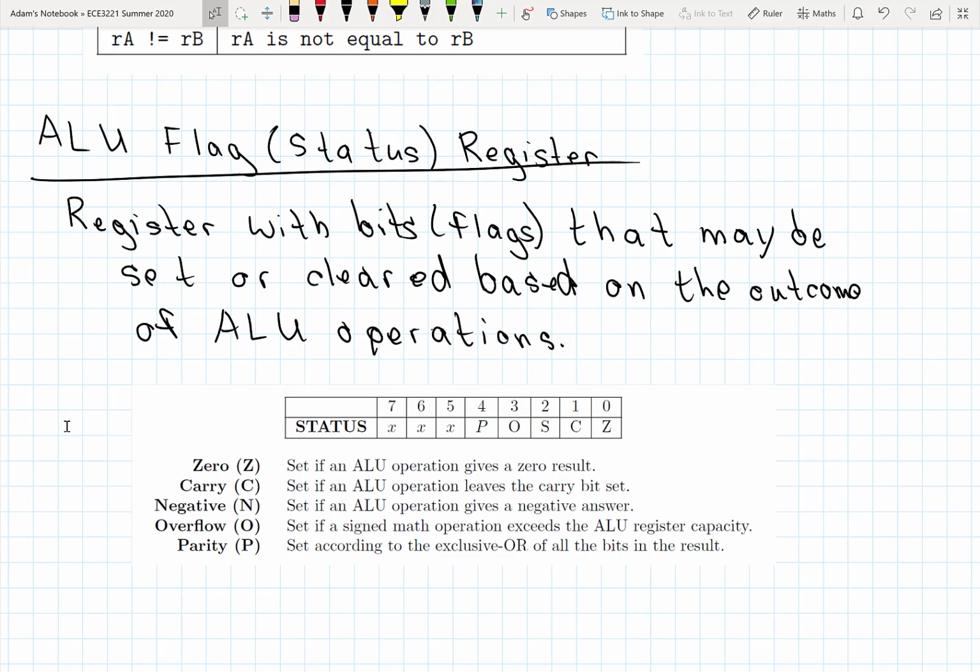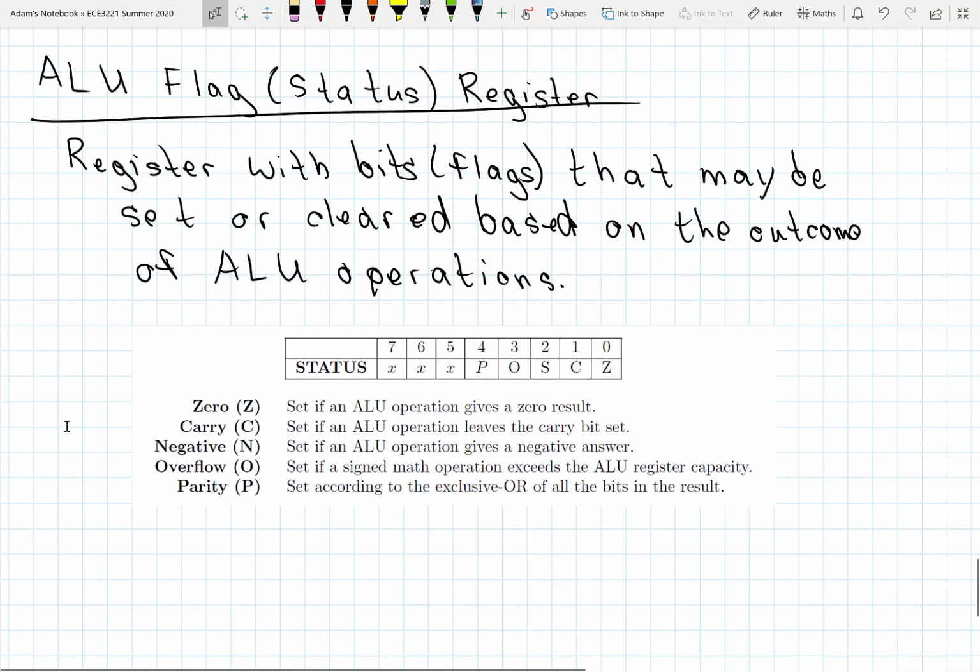There may be a parity bit that can be set to do parity checks. So all of these can be used in conjunction with your code that may potentially flag problems in your code depending on what you expect for an outcome of an ALU operation.